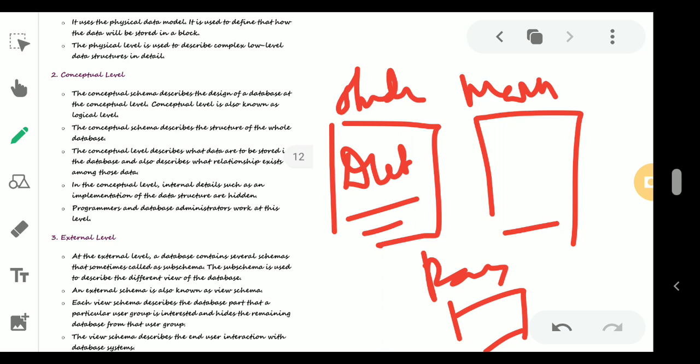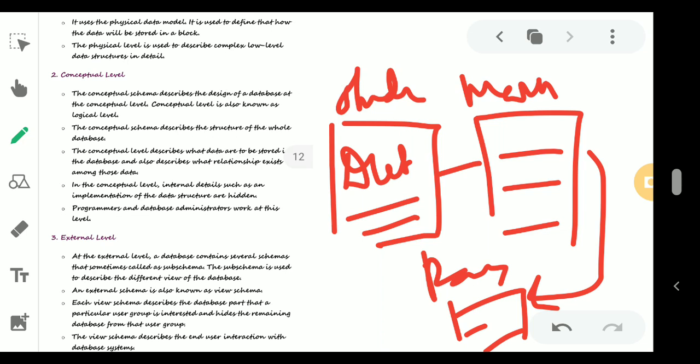We have to describe what kind of data we are storing, whether it is textual or graphical data, and how these three tables are interrelated. Hence the entire database is described in terms of relatively simple and easy to understand structures like database tables, keys, and indices. This describes the relationship between the different data stored in the database.